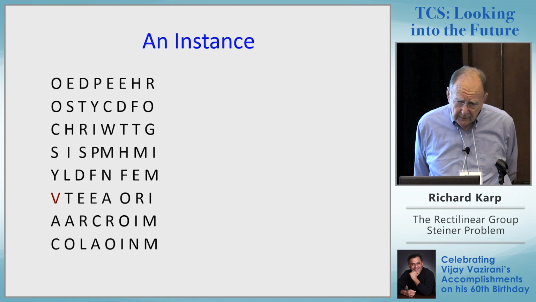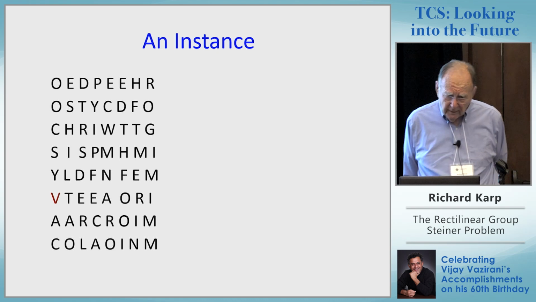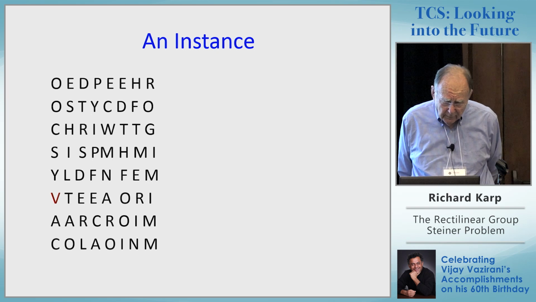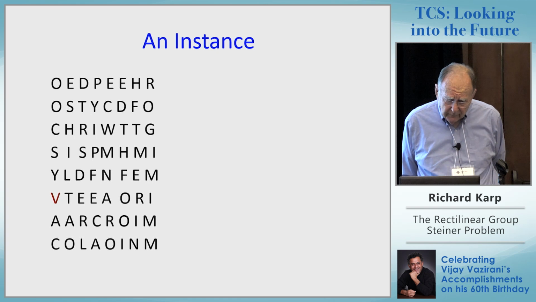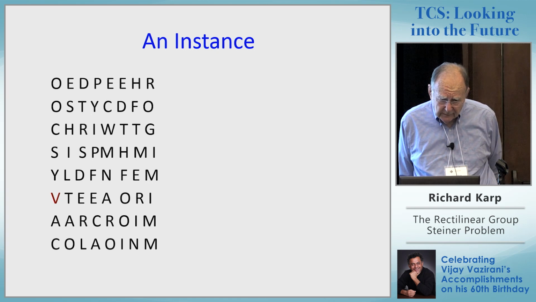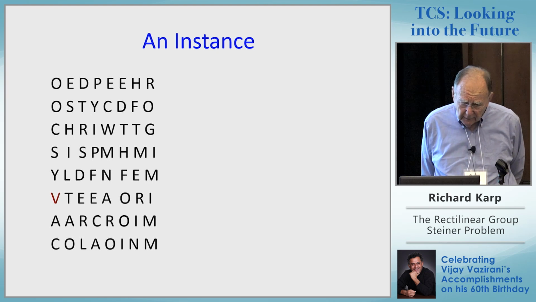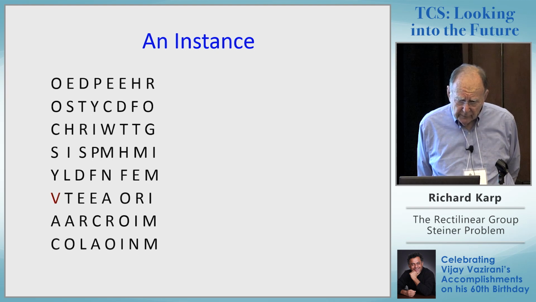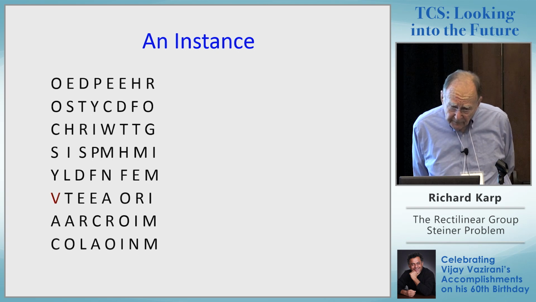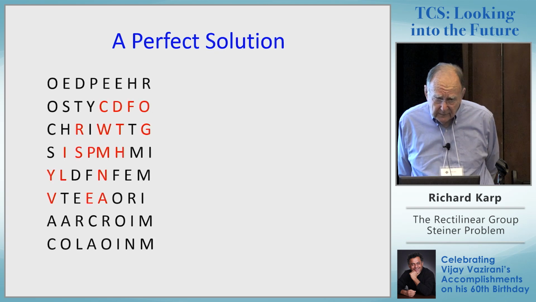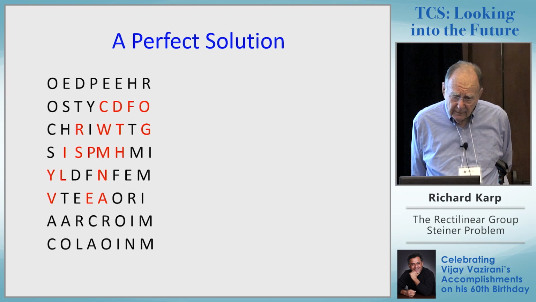So here it is. We've somehow been able to search through this grid, and marked in red, we have the letters that comprise the solution connected in the L1 sense, where each vertex is adjacent to its north, south, east, or west neighbor. And this is the structure they were trying to find.